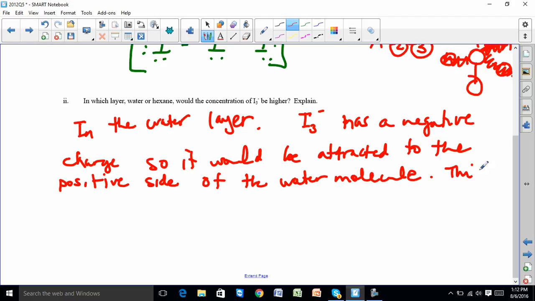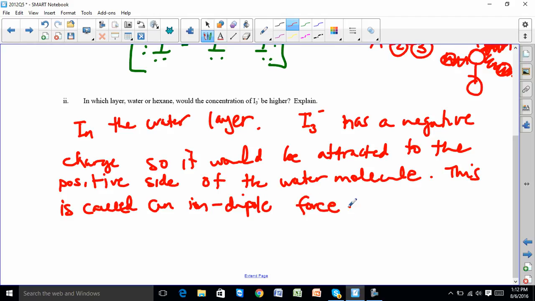This is called an ion-dipole force. It's not an intermolecular force. Intermolecular forces only occur between molecules, not ions. This is a huge concept when we're doing solutions. That's the reason why ionic compounds tend to be soluble in water, like sodium chloride. All right, that's enough.